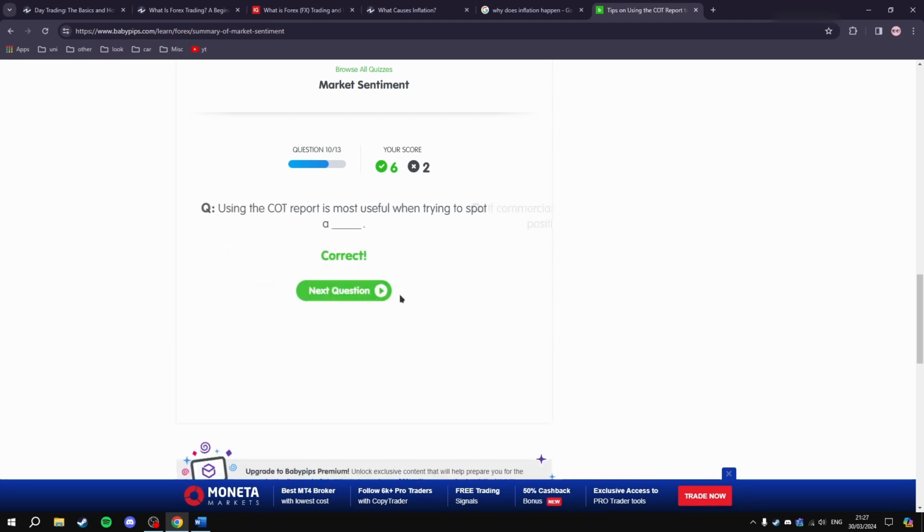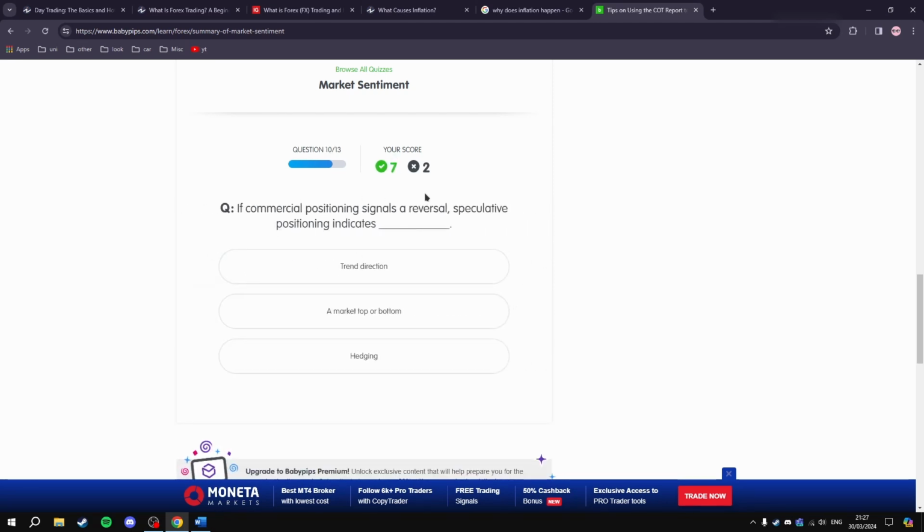Using the Commitment of Traders report is most useful when trying to spot a reversal. If commercial positioning signals a reversal, speculative position indicates a market top or bottom? Oh no, it's the other one.